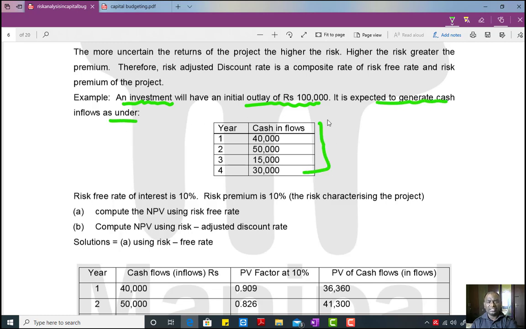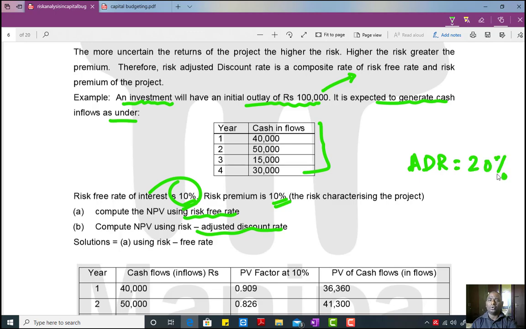The cash outflow is 1 lakh and the cash inflows for 4 years are 40,000, 50,000, 15,000 and 30,000. The risk-free interest rate is 10% and the risk premium is 10%. They are asking you to calculate at the risk-free rate and at the risk-adjusted discount rate. So we have to work out two problems: one at 10%, and then the adjusted discount rate, ADR, which is equal to 20%.